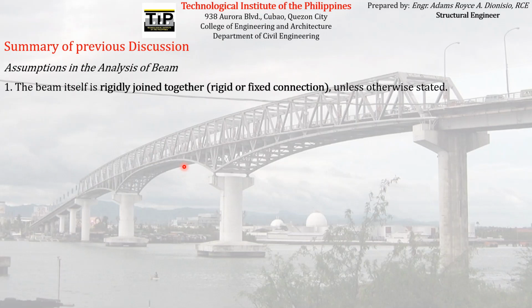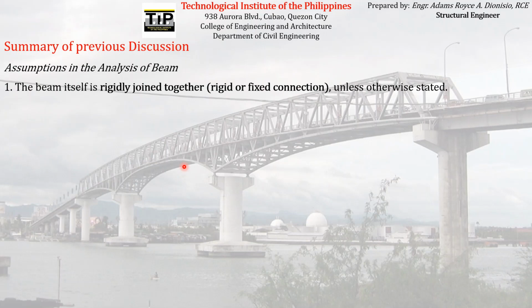And the first of those assumptions is number one, we assume na yung beam itself ay rigidly joined together. Meaning, every part of the beam is connected rigidly, or fixed yung connection nila.